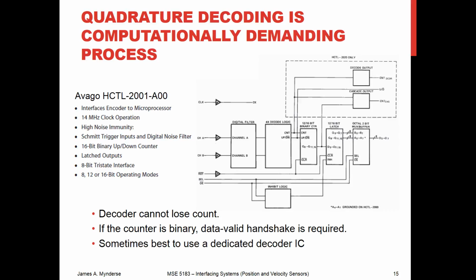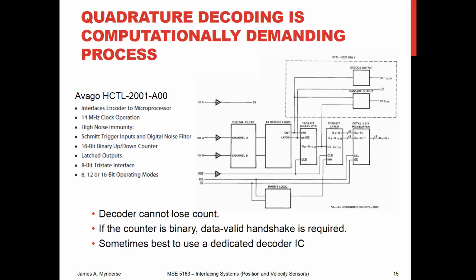So the reason you're doing this is because this is a computationally demanding process, and it can be very fast. If you've got some sort of microcontroller that you're running this on, if you've got interrupts going, if you've got other code that's going, you might lose count, which would be a bad thing.